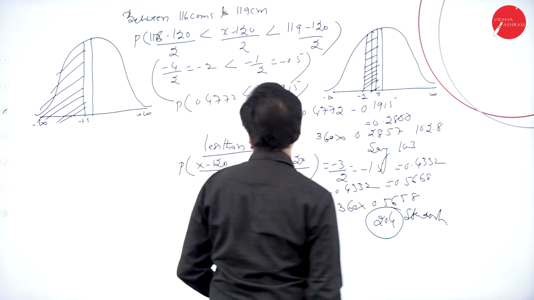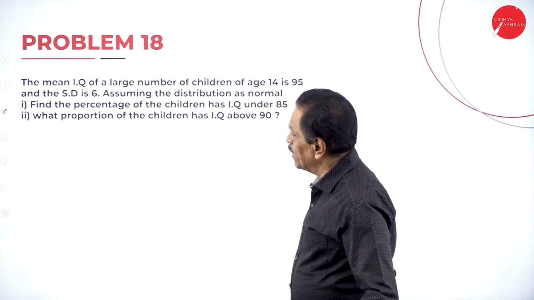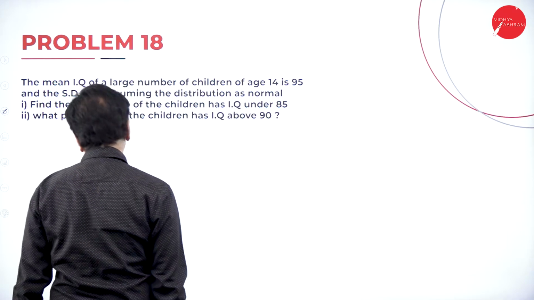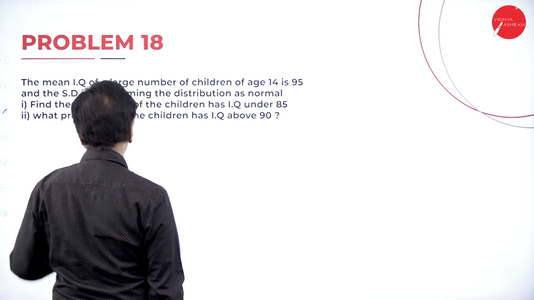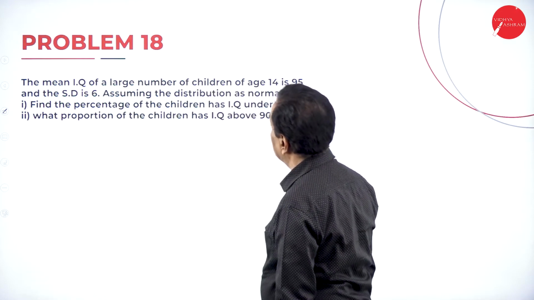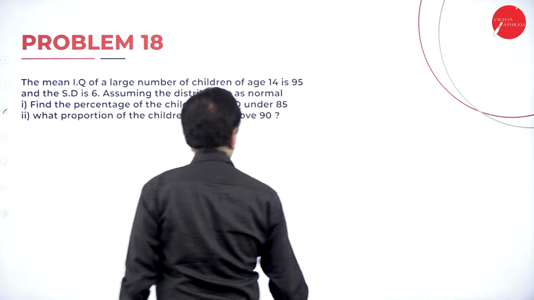We'll move on. The mean IQ of a large number of children of age 14 is 95 and the standard deviation is 6. Assuming the distribution is normal, find the percentage of children who have IQ under 85.